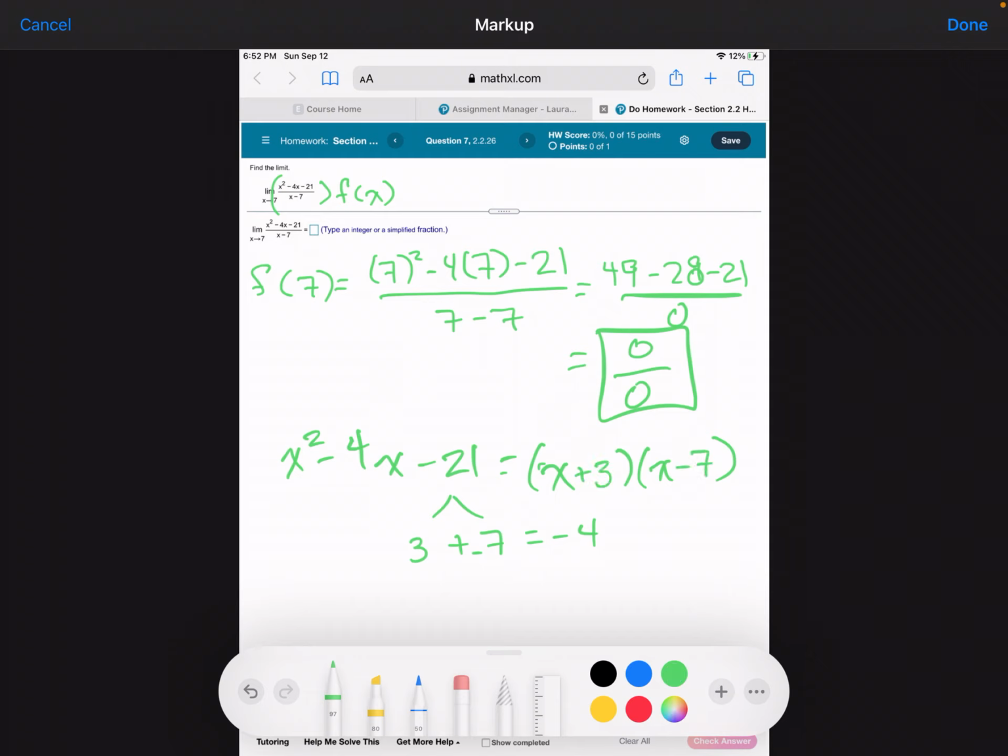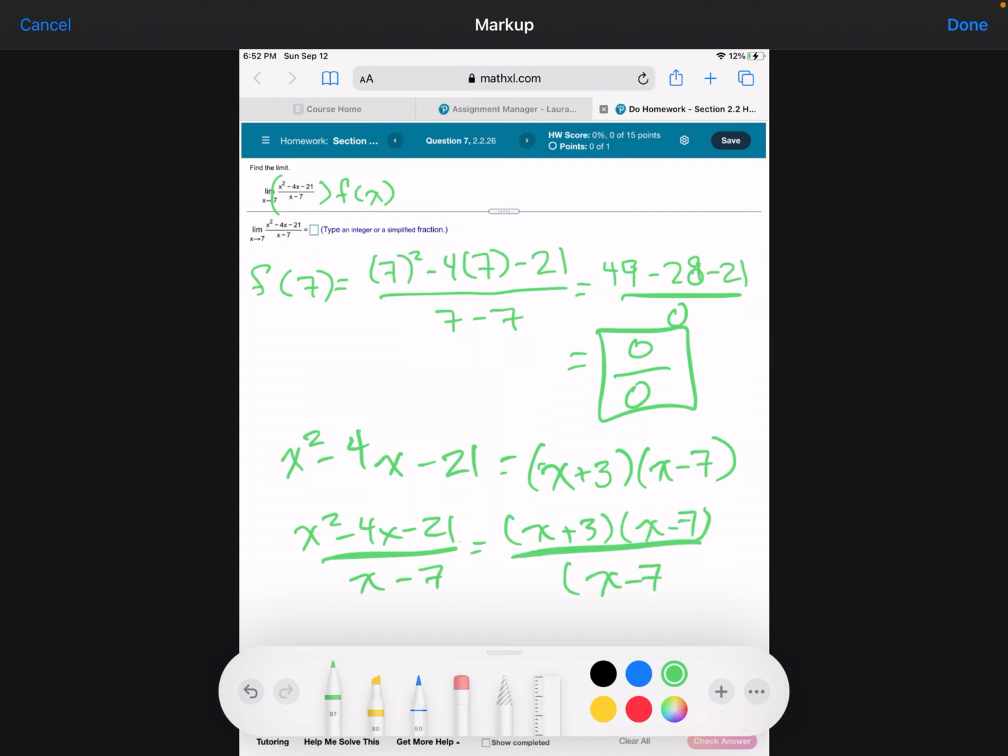So notice what the rational function would be equivalent to here. We'd have x squared minus 4x minus 21 over x minus 7 equals x plus 3 times x minus 7 over x minus 7. And now these divide out.